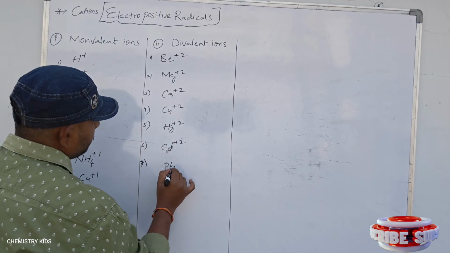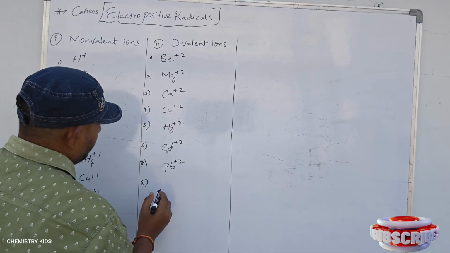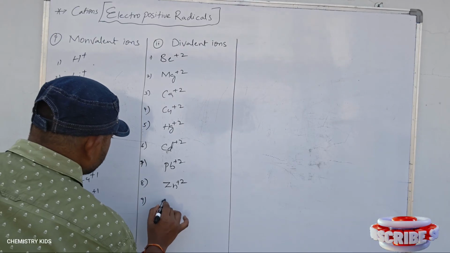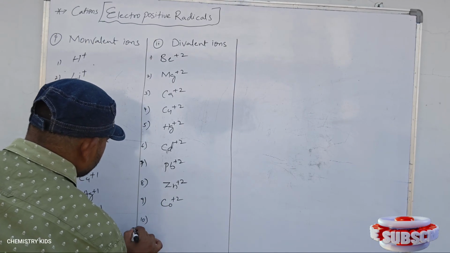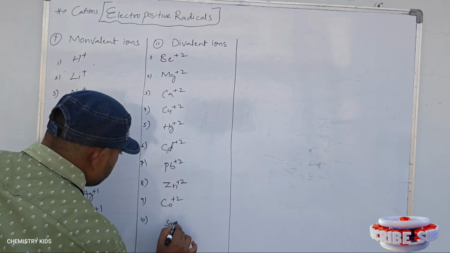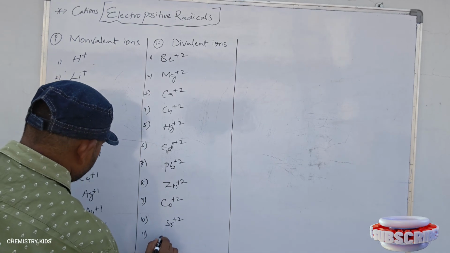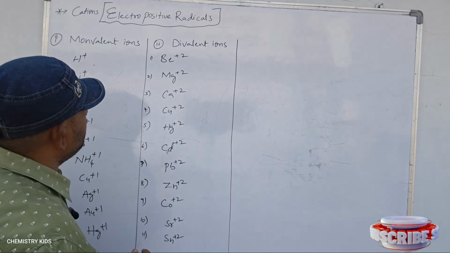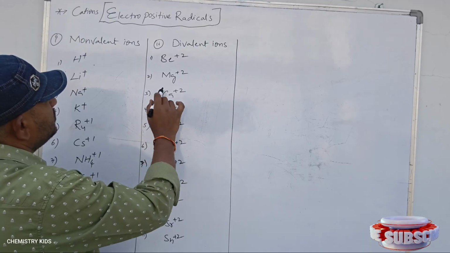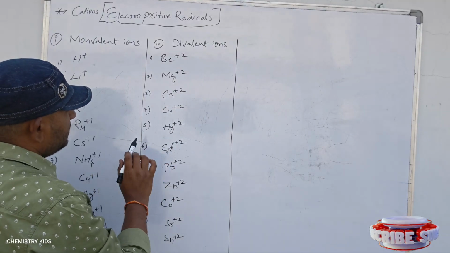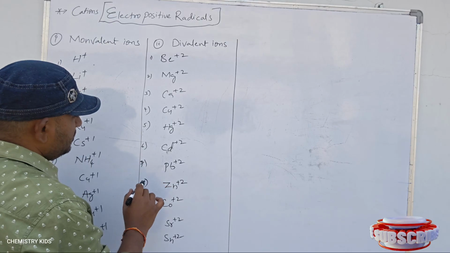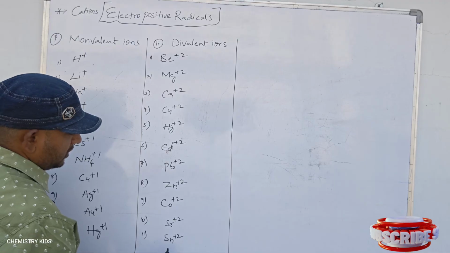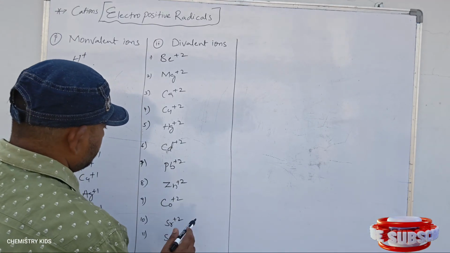Seventh, plumbous plus 2. Eighth, zinc plus 2. Cobaltous, strontium, stannous Sn plus 2. So what are there: beryllium plus 2, magnesium plus 2, calcium plus 2, cupric plus 2, mercuric plus 2, cadmium plus 2, plumbous plus 2, zinc plus 2, cobaltous plus 2, stannous plus 2, and strontium plus 2.